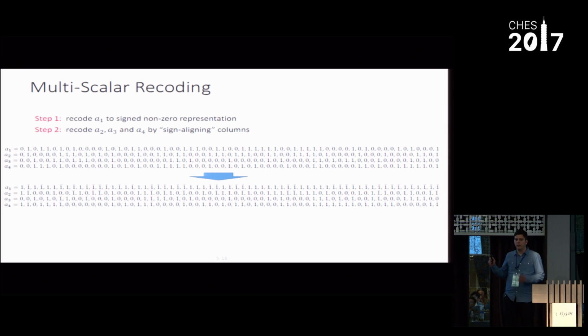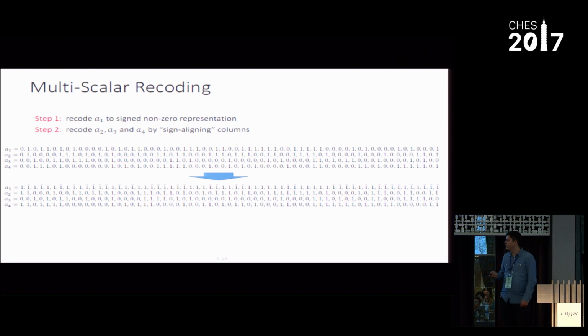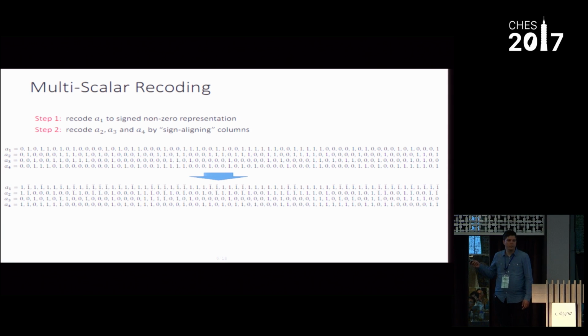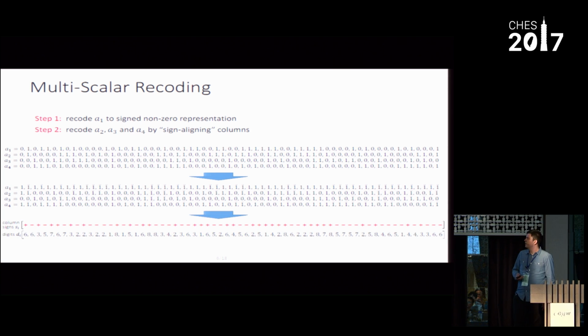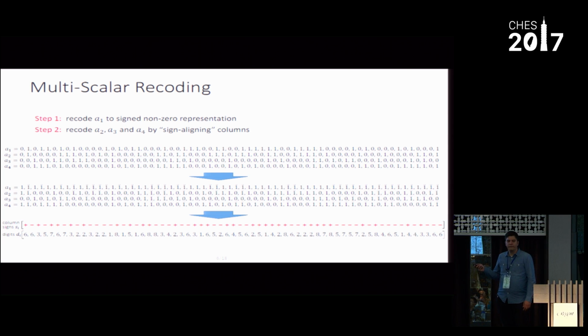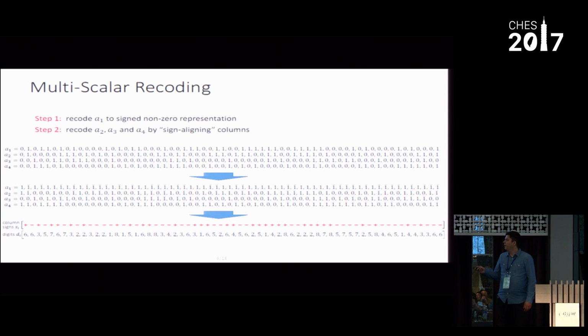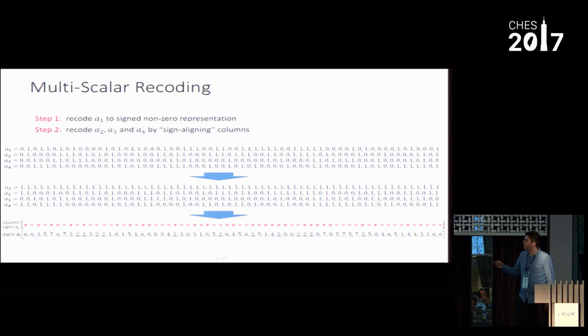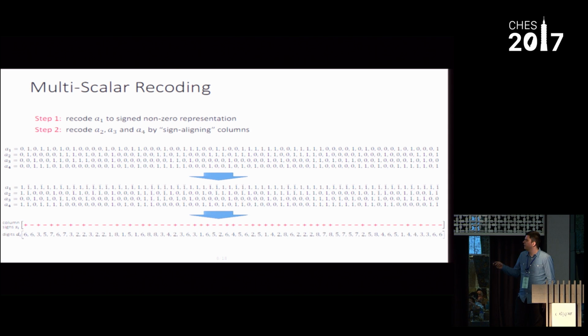This will allow us to do some optimizations later, which I will talk about. And we can always find this decomposition. So here is a representation of this signed version, with a sign and the absolute value, or modulus, of this 3-bit digit.